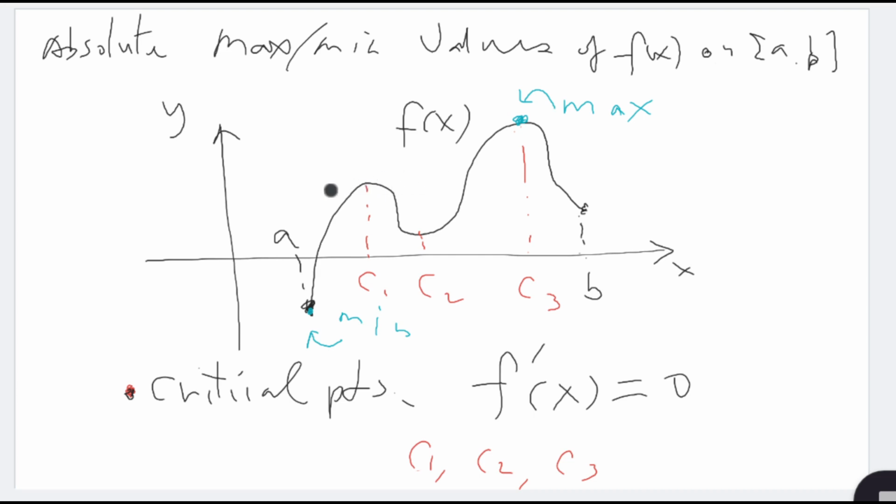In other words, if we draw a tangent line at location C1, C2, or C3, we see they will be horizontal. All right. Let's translate that to derivative is 0. Okay. So those locations are special.